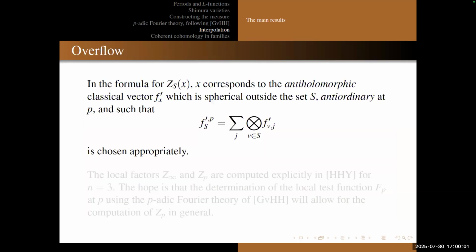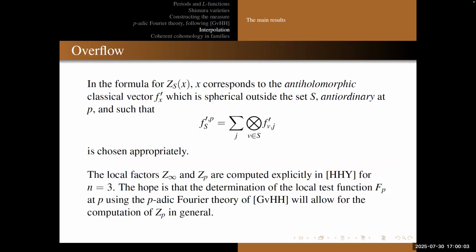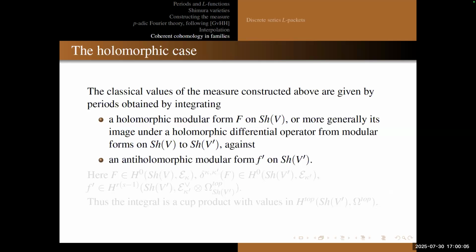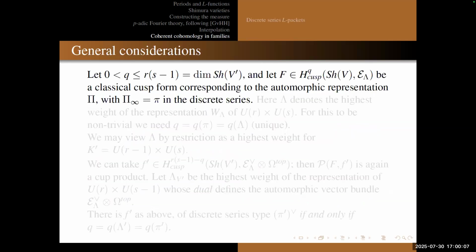So all I want to say is to reiterate, I'm not going to have time to talk about it. There should be a theory for every branch, that is to say, for every possible configuration of discrete series of modular form for the bigger group and some other discrete series for the smaller group that is contained in the restriction.